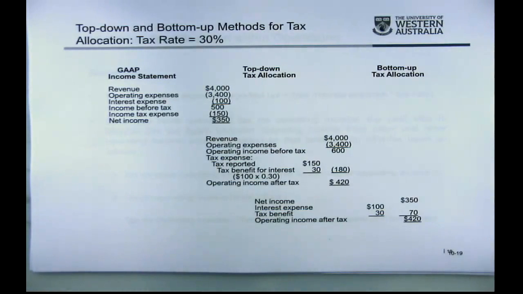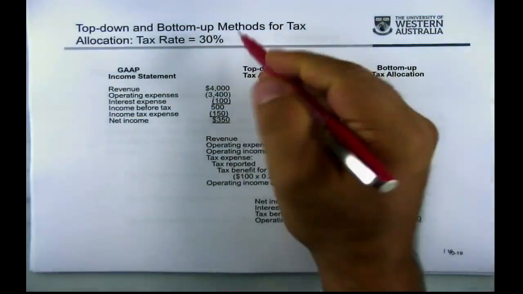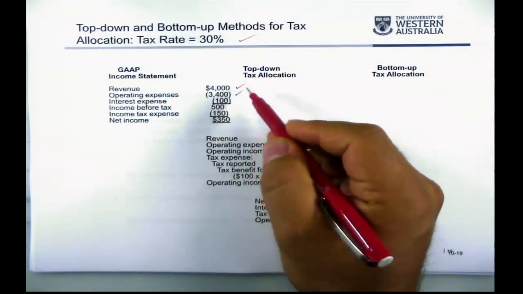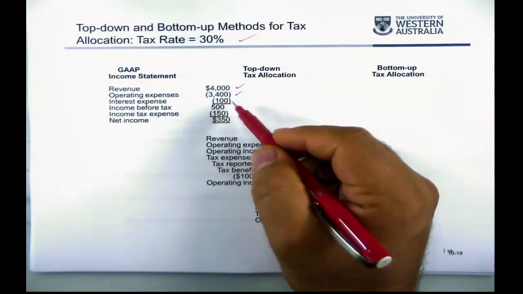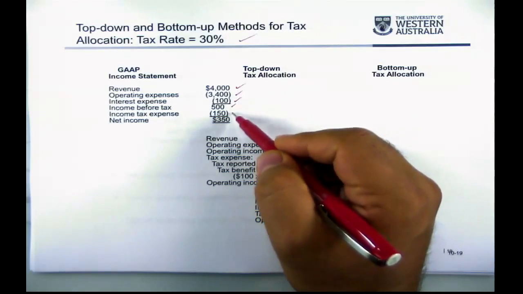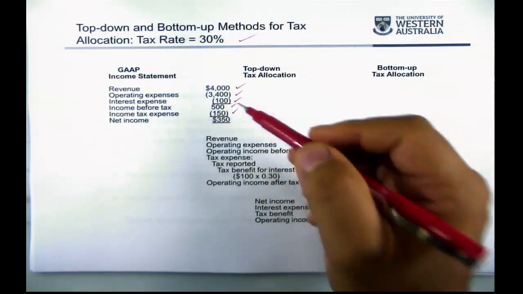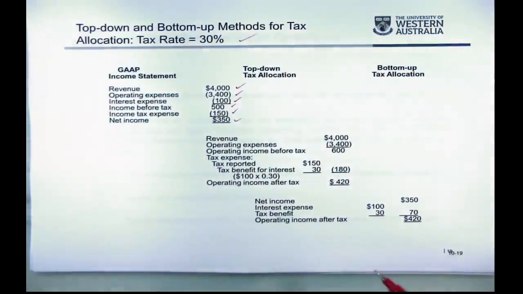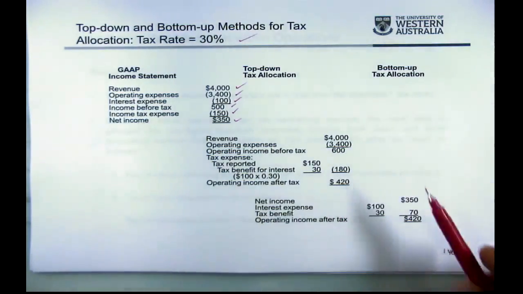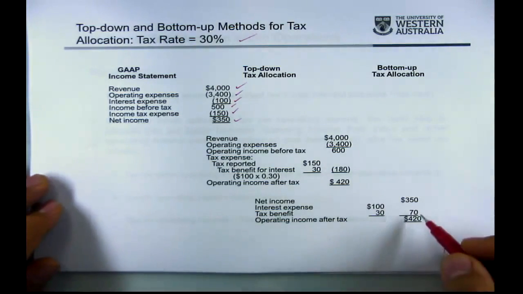This is a simple example. Assume the tax rate is 30% and we have a firm with revenues 4,000 and operating expenses 3,411, and the interest expense is 100 and the income before tax is 500. The tax bill is 150. This is the net income. There are two methods, the top-down approach or the bottom-up approach. Under the bottom-up, we start with net income.